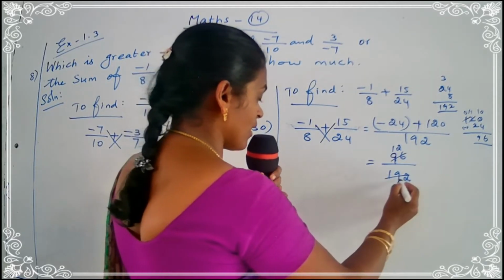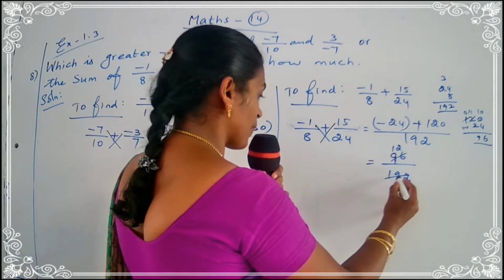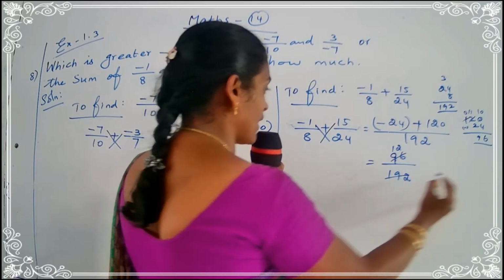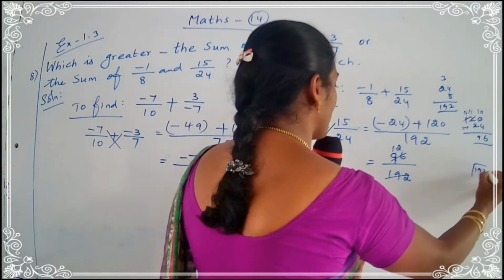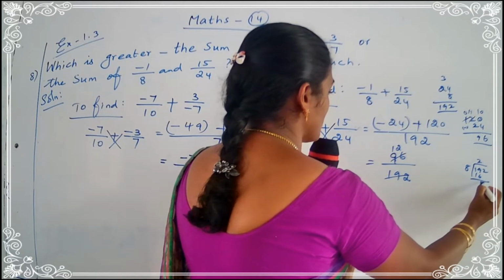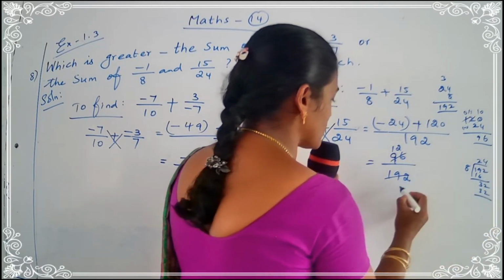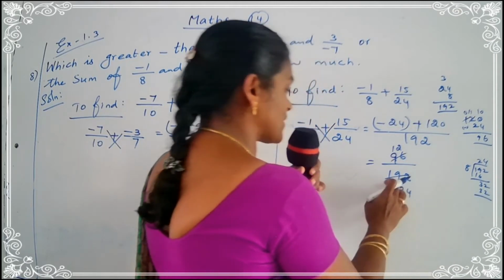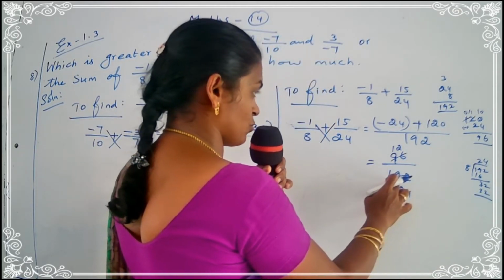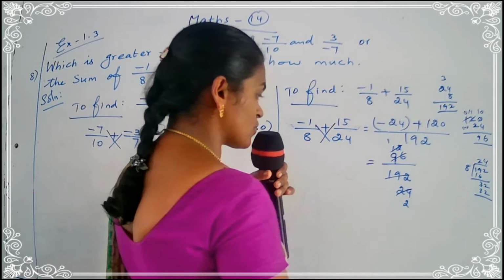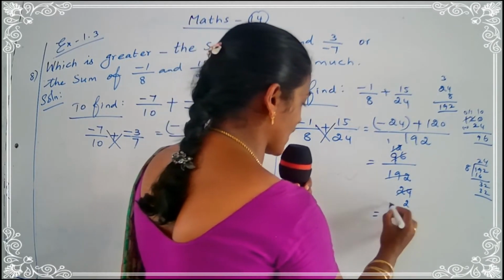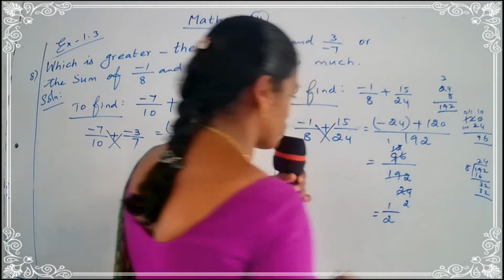Here, how many 8s are there? 192 divided by 8. 24 8s are 192. Now 1 12 is 12, 2 12s are 24. So your answer is 1 upon 2.